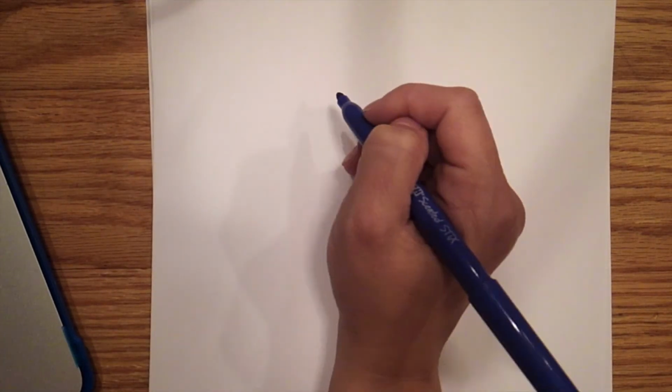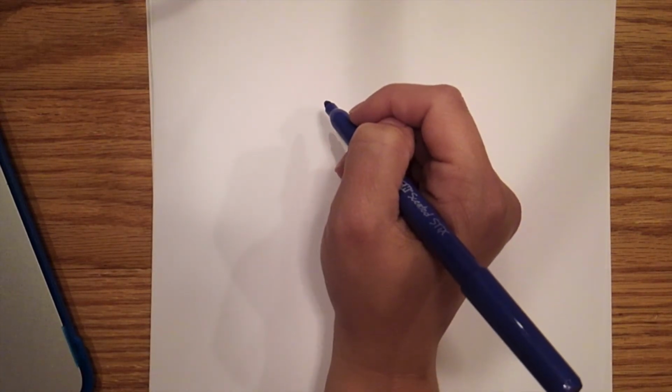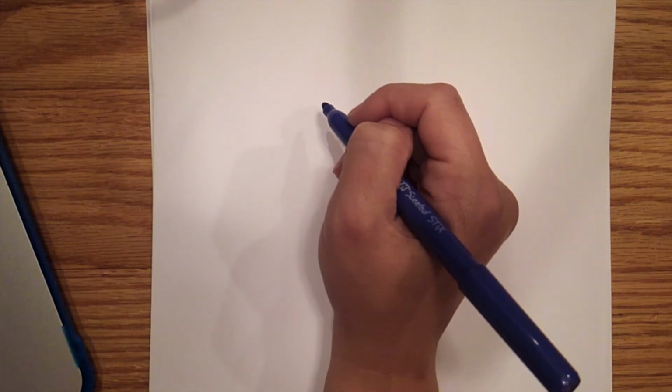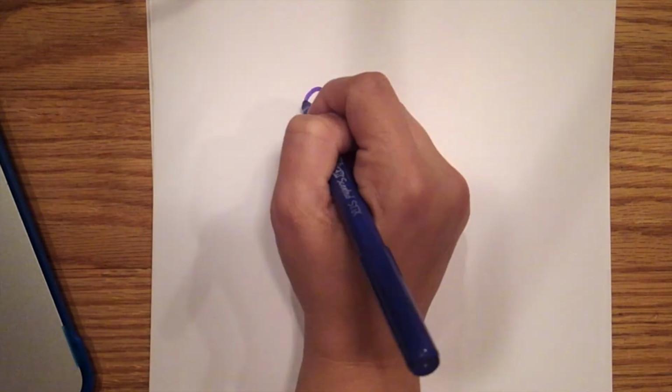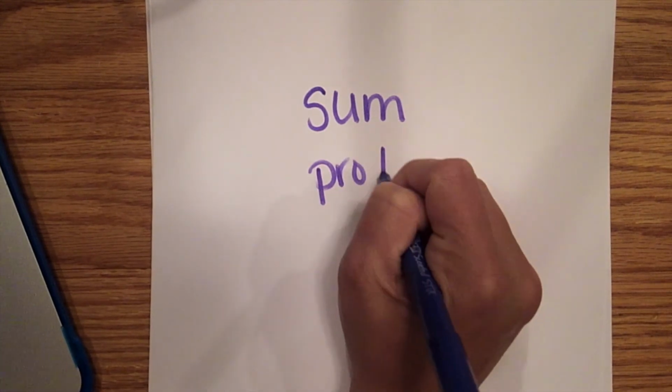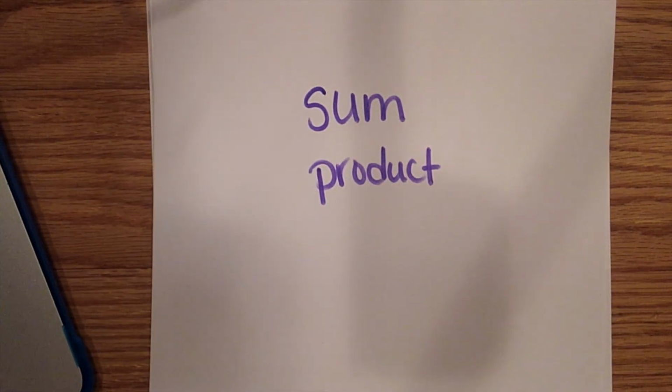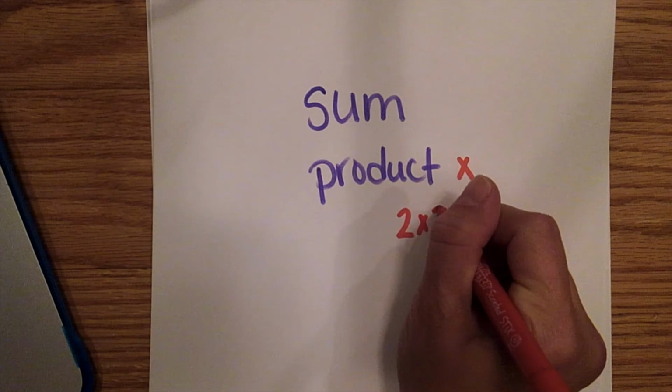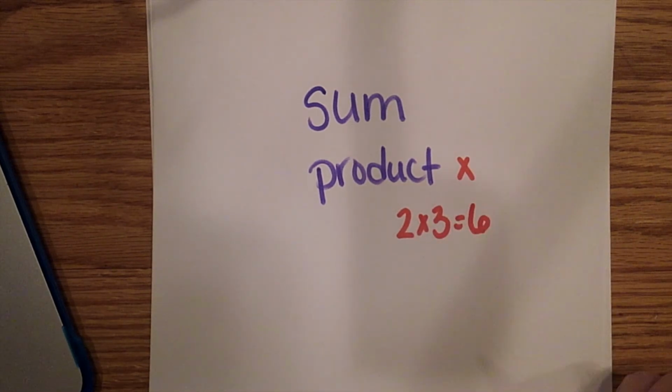All right, parents, some things that you can do at home when you're driving in the car, sitting down to dinner, right before bedtime, is to quiz your child on the difference between a sum and a product. Simple math, not hard problems. You could ask them, think of the product of 2 and 3. Well, a product is the multiplication. So 2 times 3 is going to be 6.